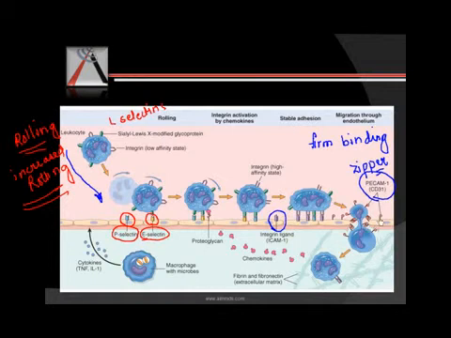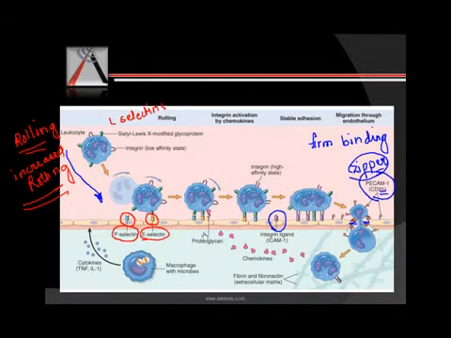You can see these PECAMs rotating here and attaching to the PMNs, trying to push them out. While pushing them out, they try to seal up the gap so that there is no excess loss of fluid from the blood vessel. That is why they are called CD31 zipper molecules that limit the formation of edematous fluid.